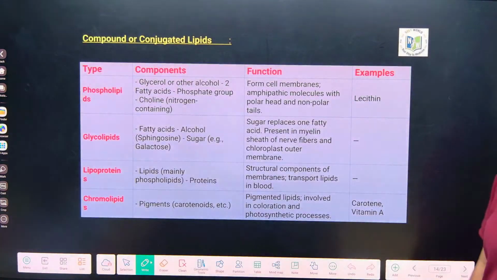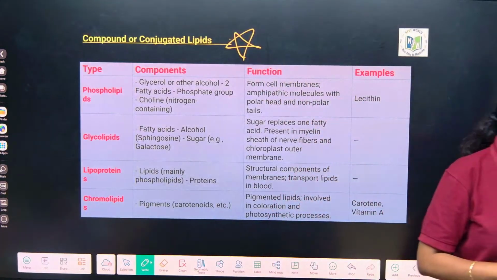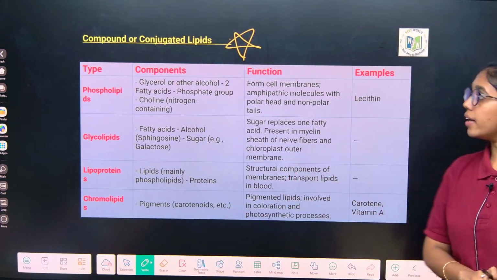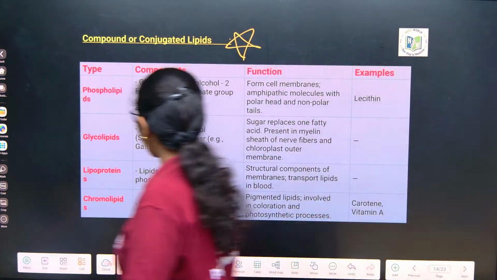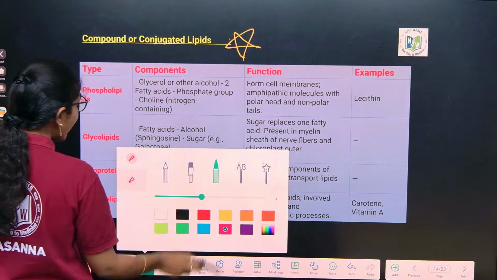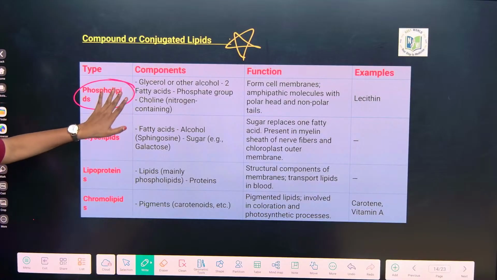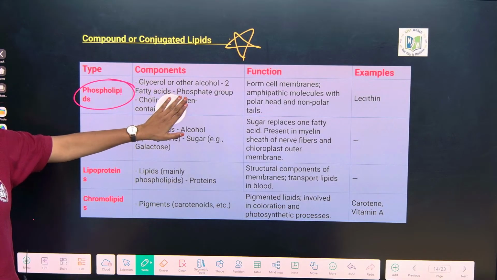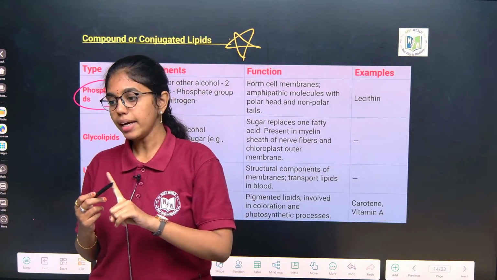And then this table is very important, where you have the list of conjugated or compound lipids. Look at it carefully. First is what? Phospholipids. Phospholipids have what components inside? Usually simple lipids have what, beta? Fatty acids and glycerol.